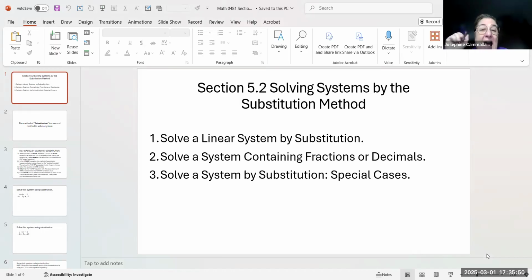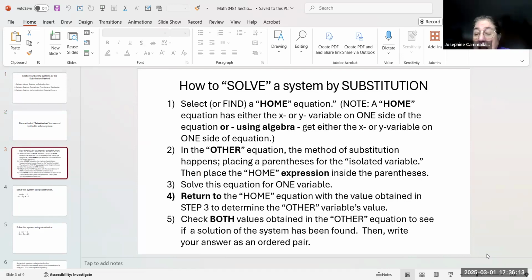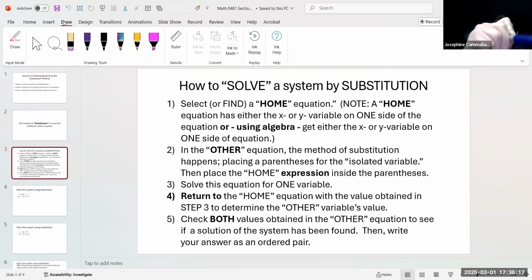Now, I'm going to explain how I do systems of equations. It's a little bit different than your book as far as explanations, but it's worked, and this is how I've learned it. Now, the method of substitution, as I just said, is a second method. And this is the process. This is something you may not be used to.